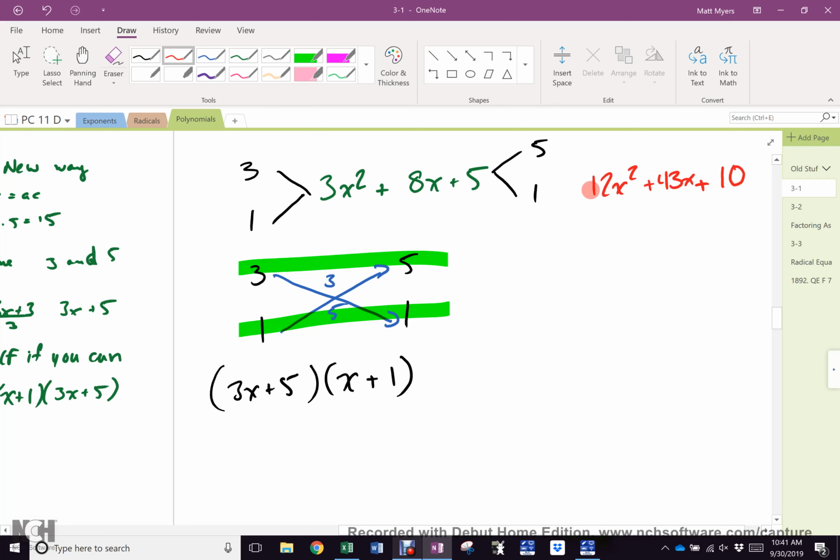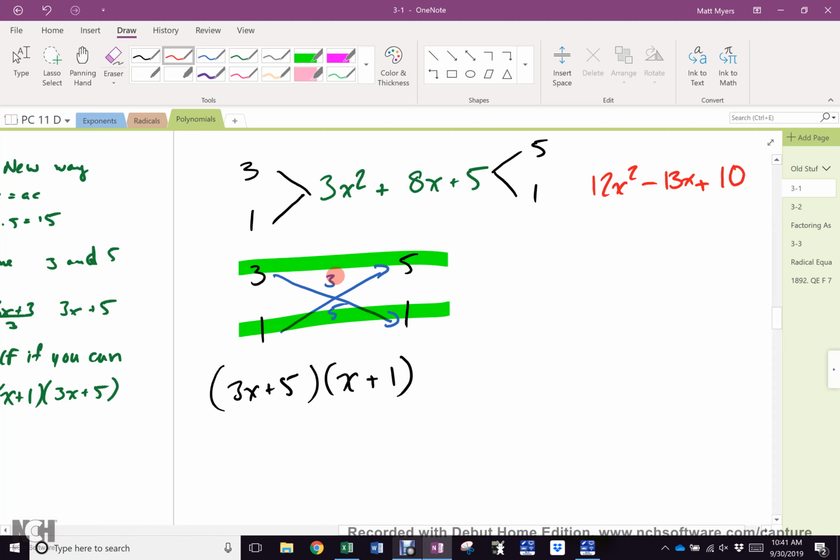Now that, what are my options for 12? 1 and 12, 6 and 2, 4 and 3. 10, 5 and 2. Now I got a whole bunch of weird stuff to put here, right? And it can be made even more difficult by making something a negative. That's why I don't like this one. But a lot of people like it. You're welcome to use it.